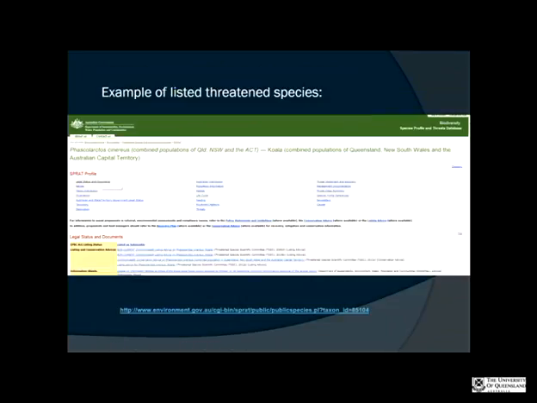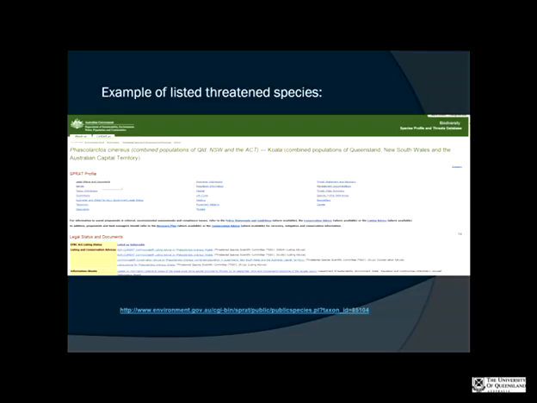So if you click into one, this is looking at koala populations, it's got a number of links there you can follow looking at population information, Australian distribution, habitat, movement patterns, threats and threat abatement and so on and so forth, as well as telling you, importantly, what its listing is under the EPBC Act.